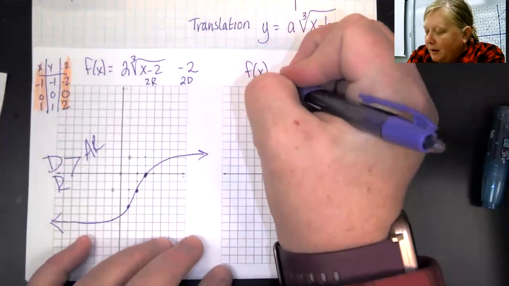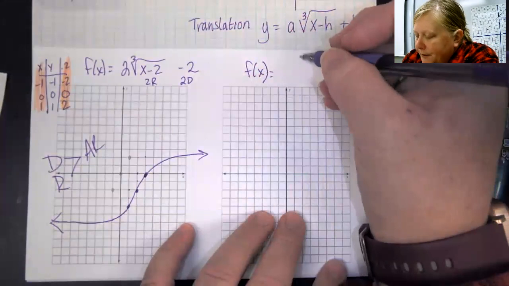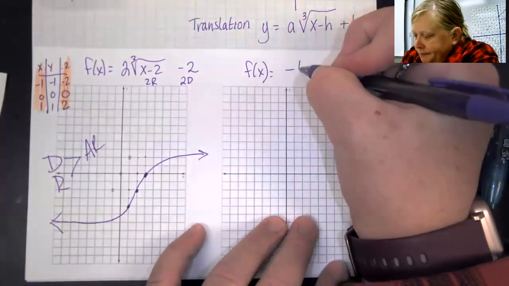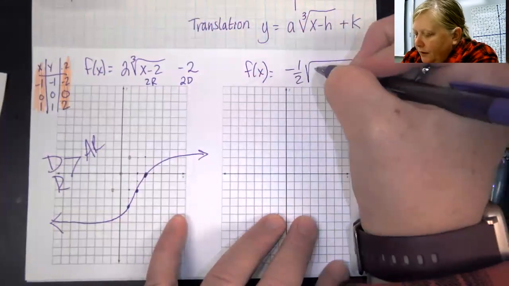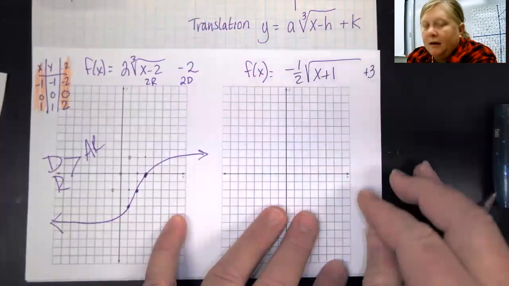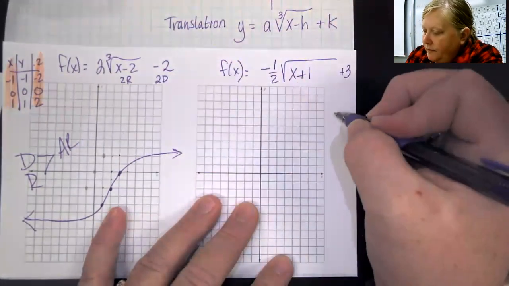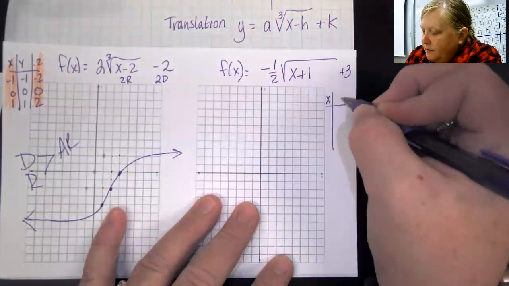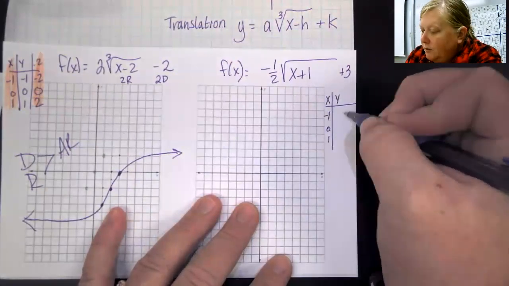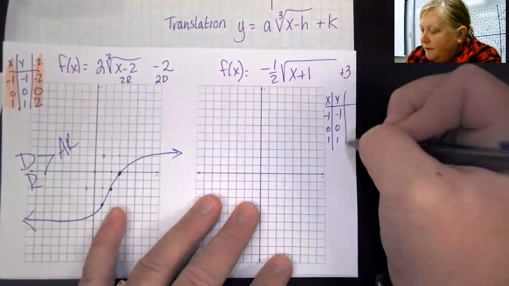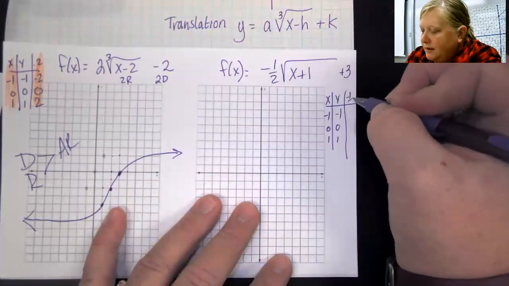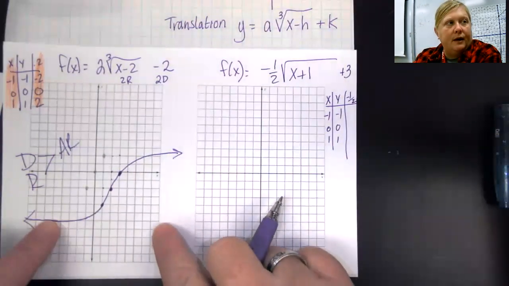Okay. Let's do another one. But yes, let's flip it. So let's do -1/2 cube root of x plus 1, plus 3 over there. All right, what are my points? -1, 0, and 1. I want to multiply by -1/2. So what do you think is going to happen to this graph?